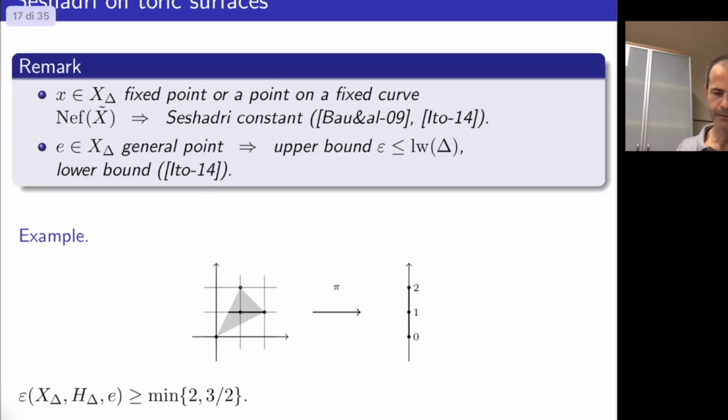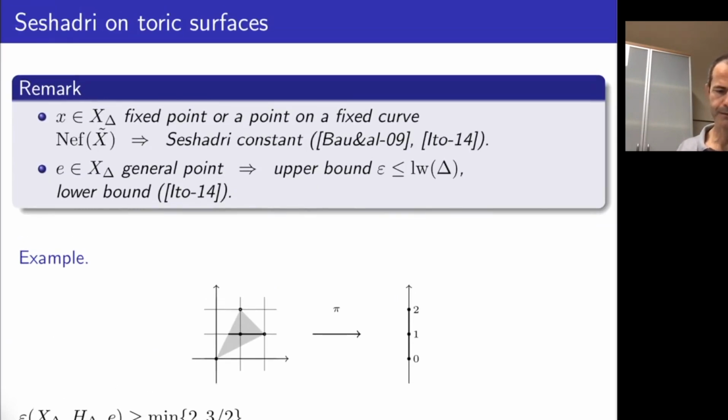So now about Seshadri constants on toric surfaces associated to a polygon. We have to distinguish three cases. If the point we consider is fixed by the action of the torus, when we blow up the toric surface, we get another toric surface, and so everything is known.